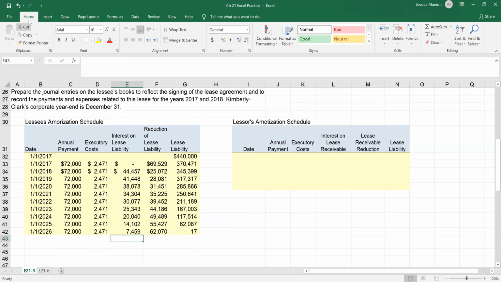Oh, nope, hold on, we went the wrong way with it. We'll say minus 9. So we'd have to reduce the interest that we claimed that last year, but that would get us down to that 0 lease liability. So just right here, we subtracted 9.